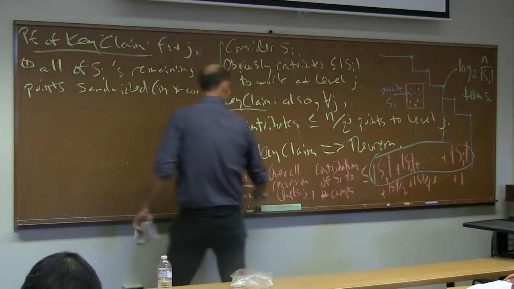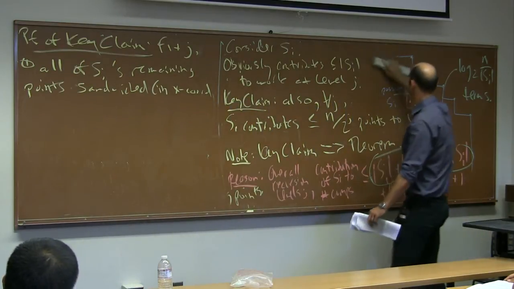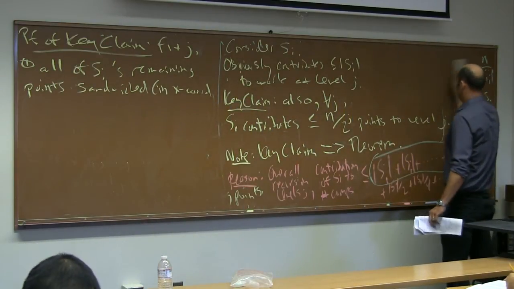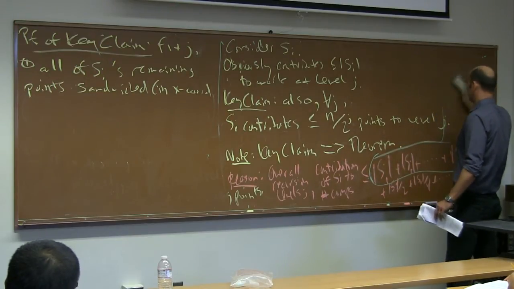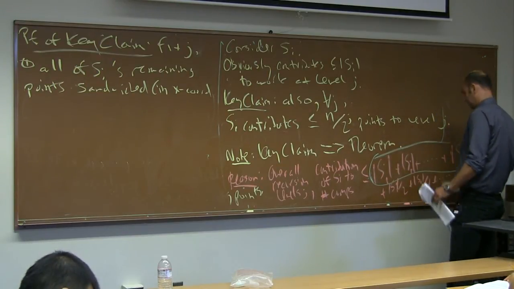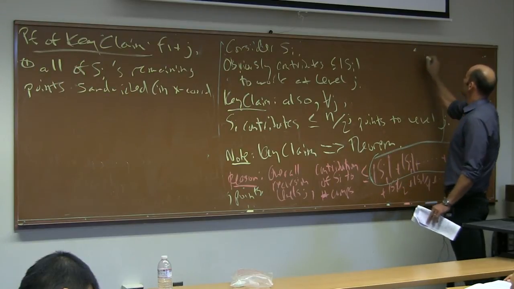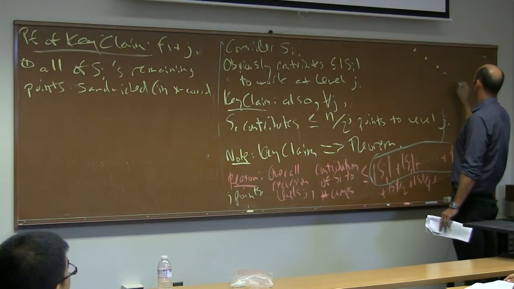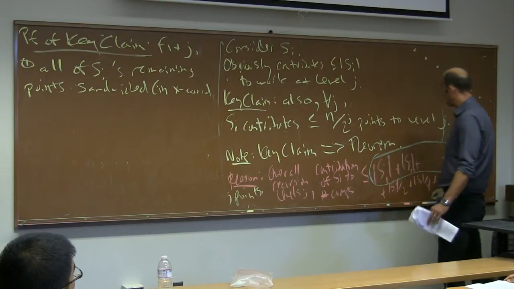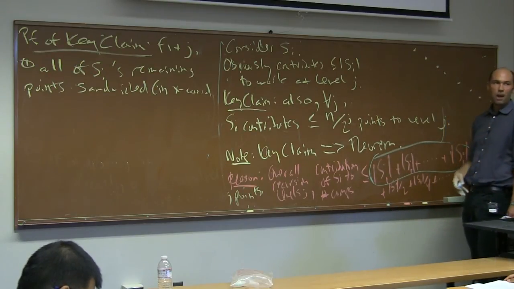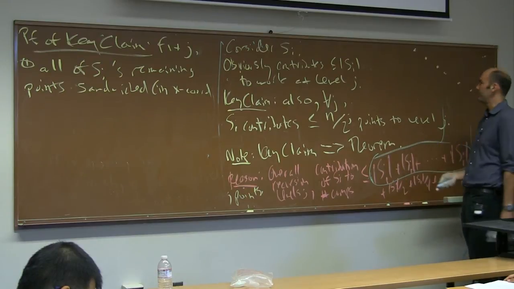Let me draw you a picture, actually. Let me redraw this picture a little bit. So here's what I want you to have in mind. There's all the maxima of the original point set. And we've fast forwarded to some midpoint of the algorithm, so we've identified some but not all of the maxima at this stage.